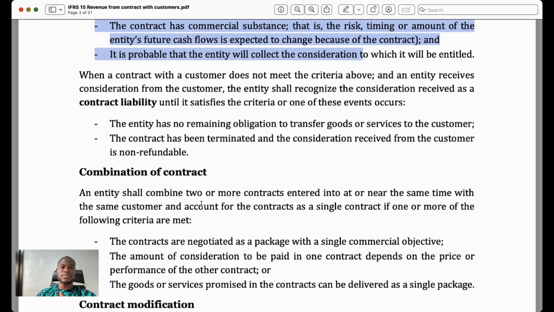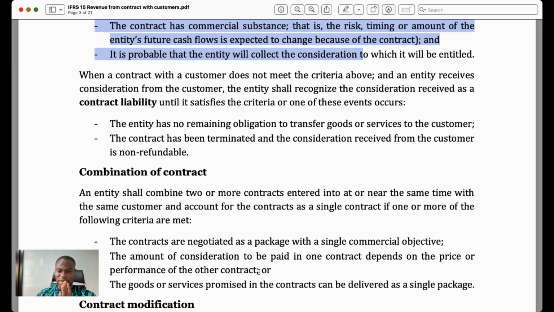If the contracts are negotiated as a package with a single commercial objective, or if the consideration to be paid in one contract depends on the price or performance of other contracts, and thirdly, if the goods or services promised in the contract can be delivered as a single package, right?